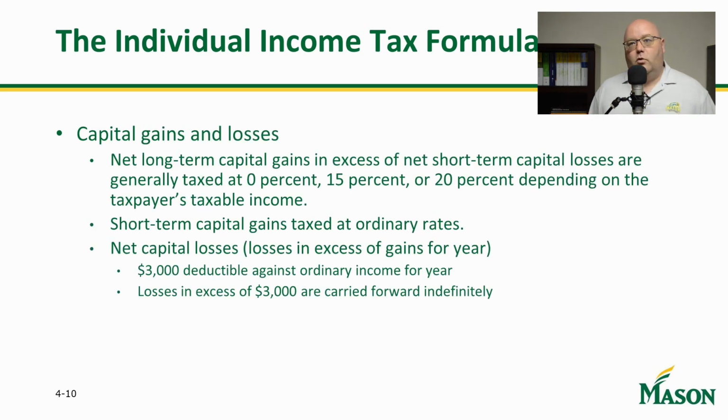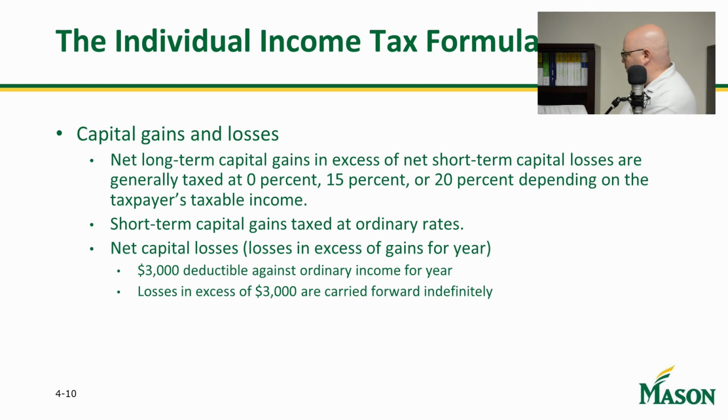Capital gains and losses. What's going to end up happening is you're going to net your long-term capital gains and losses in excess of short-term capital gains and losses, which are going to be taxed at either 0, 15, or 20%. If you take a look at a tax graph and the capital gains rates, and I actually have a very good book that does this, basically they have the various tax brackets: 10, 12, 22, 24, 32, 35, and 37.